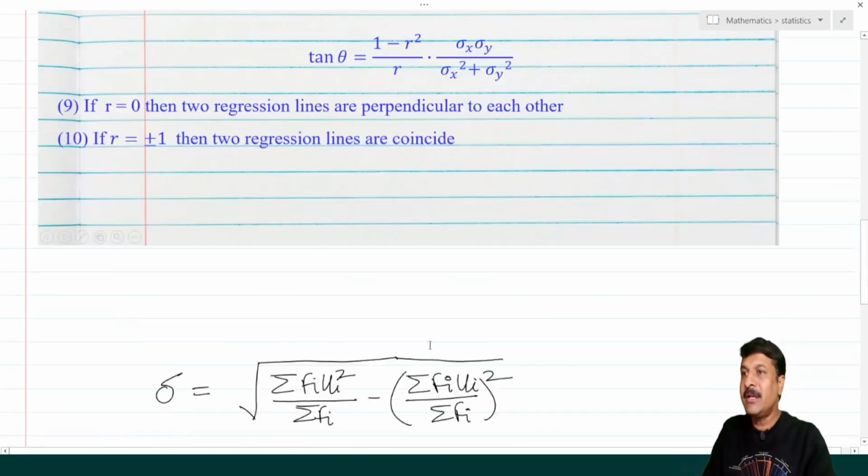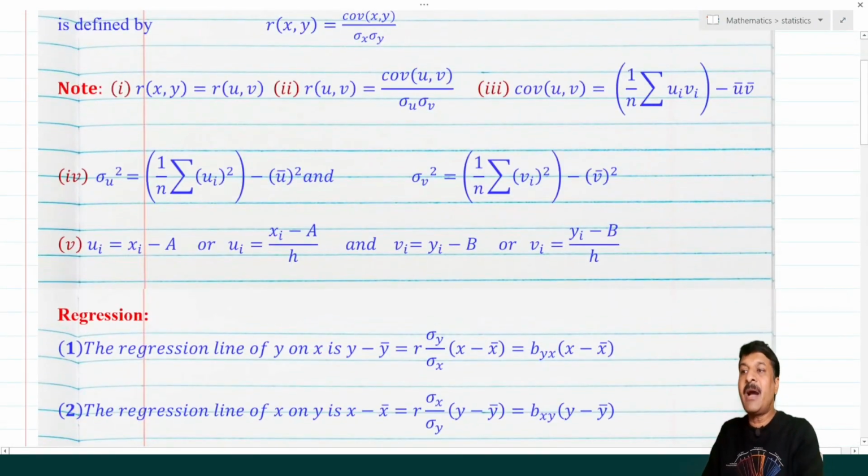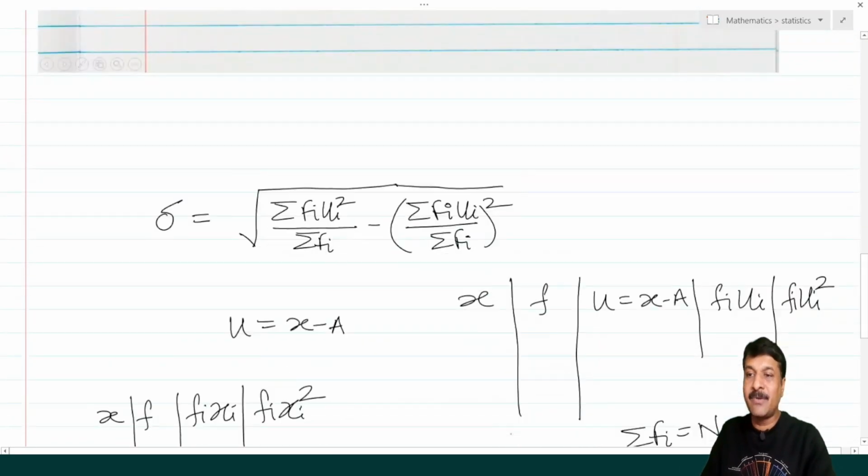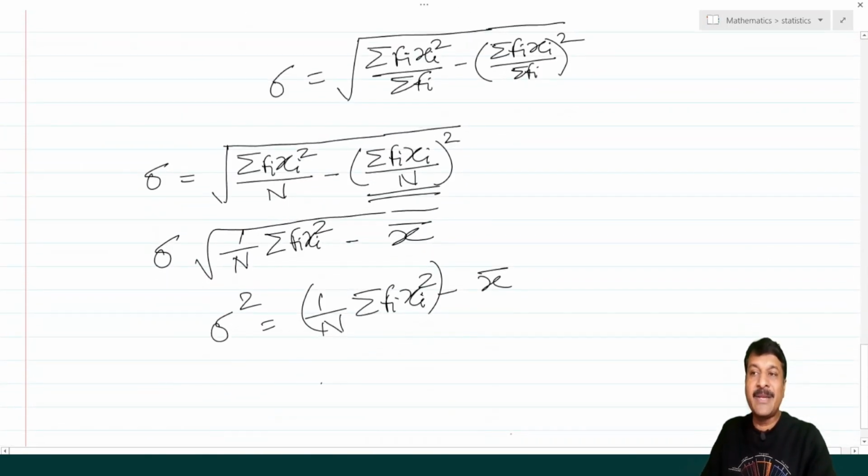So now here sigma u square is 1 by n, small n or capital N means total, summation of fi ui square, f means frequency. If frequency is absent, it is 1 and it is just ui square minus u bar whole square. The same standard deviation formula I am using there. If frequency is absent or 1, the same is 1 by n summation of xi square minus x bar square.